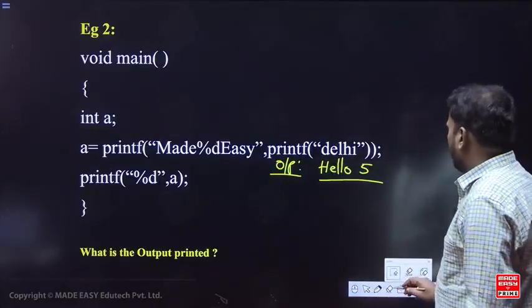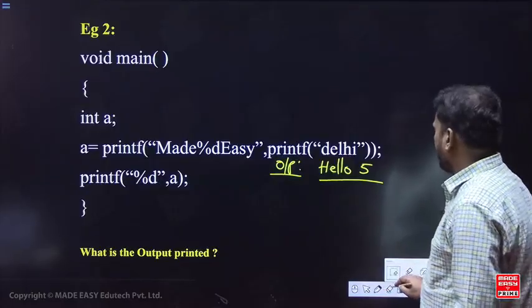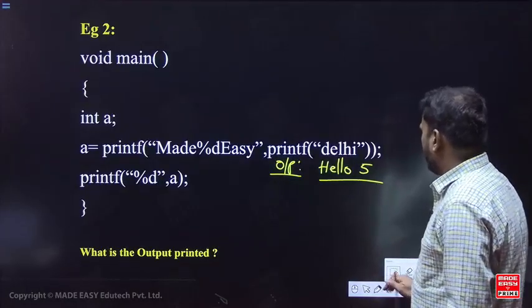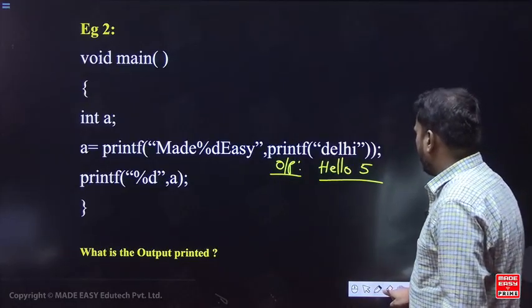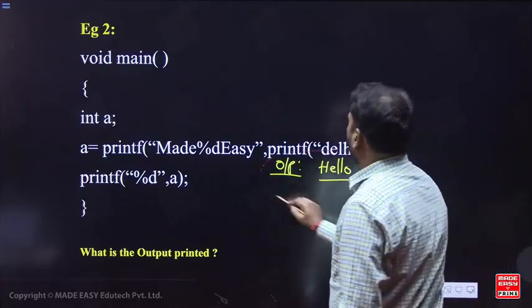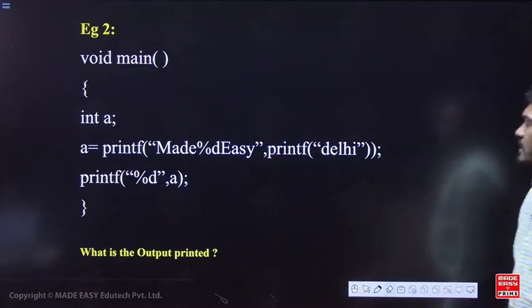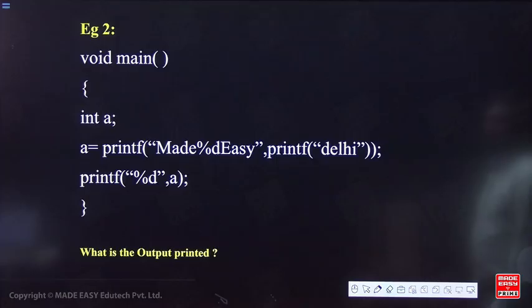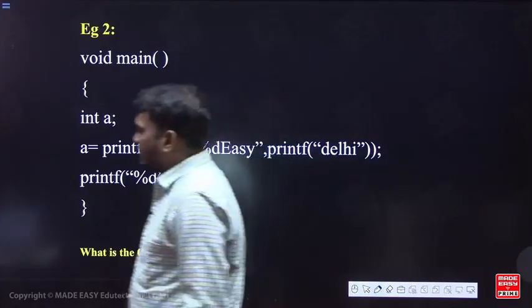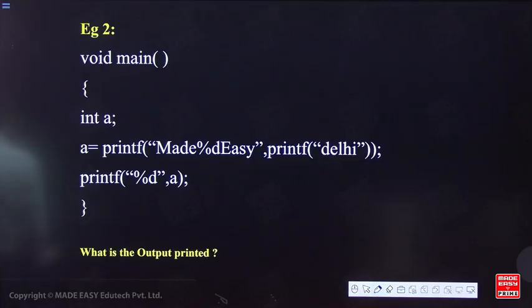Copy this. So take the next example. Tell me what is the output printed. Copy this example. Aditya Rawat, we are assigning it, right? We are assigning it to variable x.